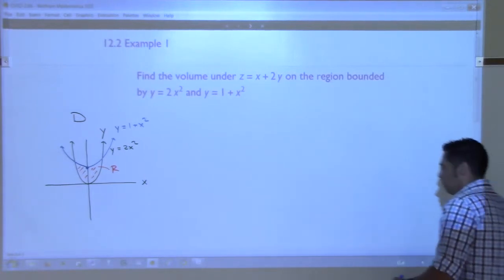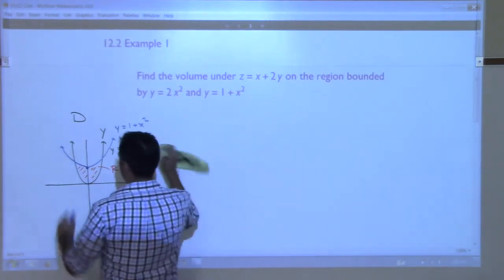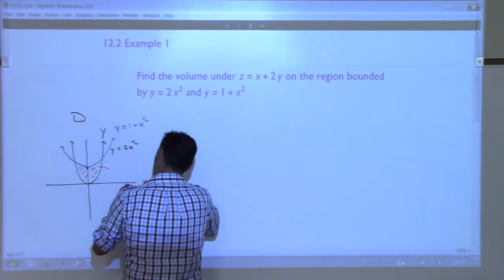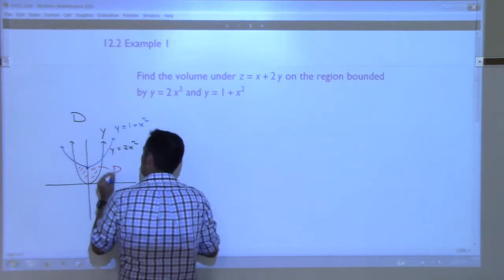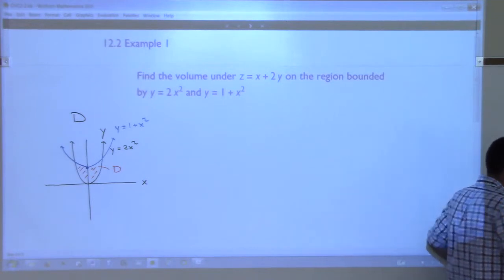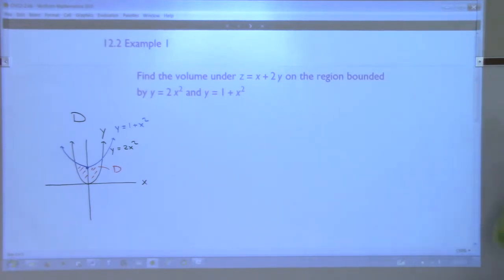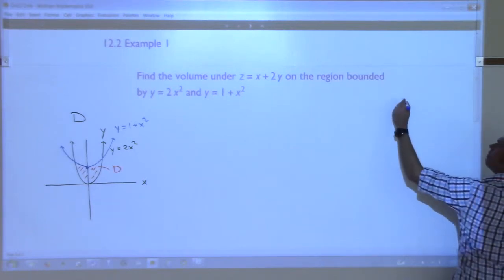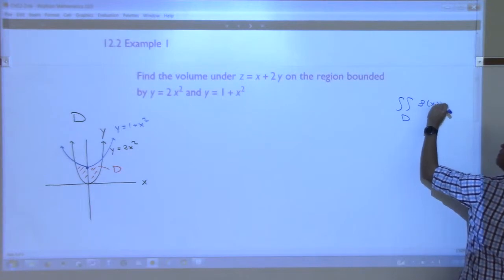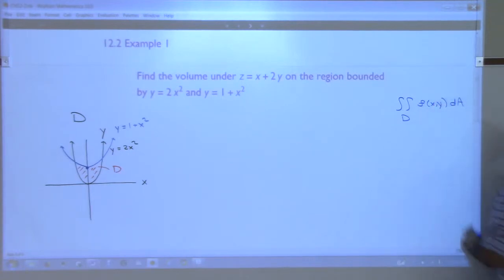What did I mean to put? D, right? This is our D. This is our domain. Trying to reserve R for rectangles, although you could say region if you want. What we're trying to do is find the double integral over that region D of the surface, dA.